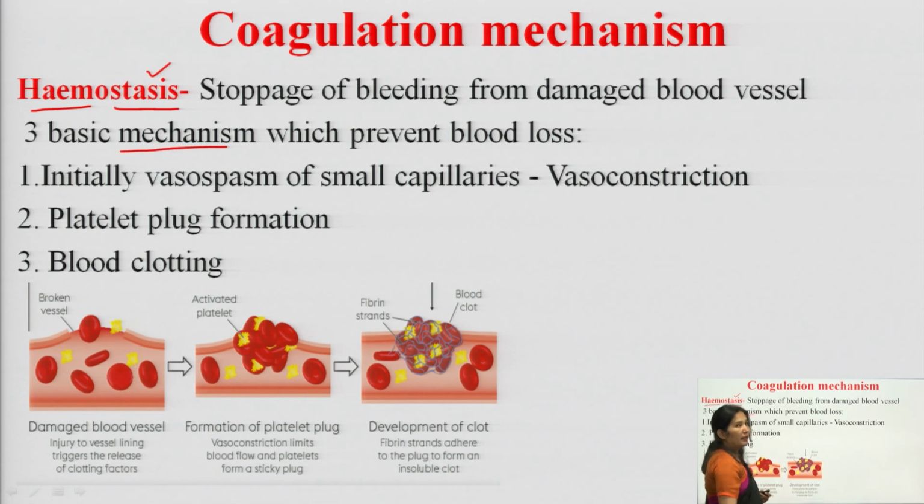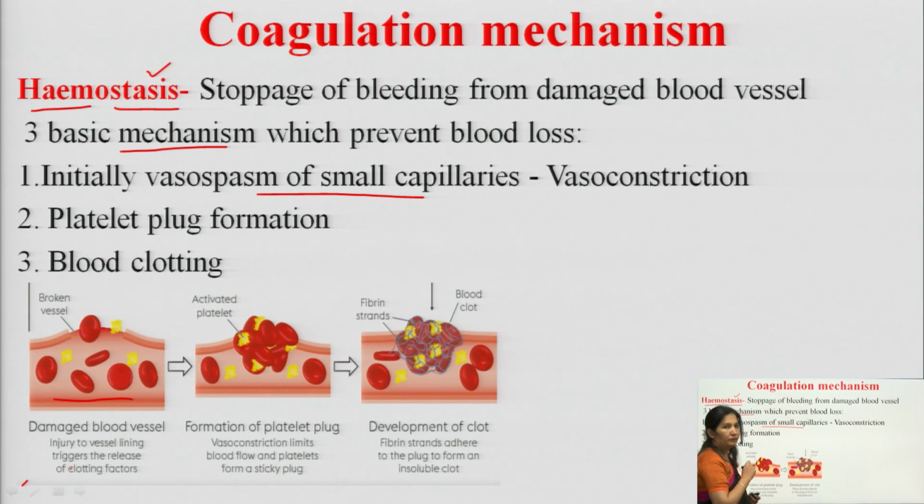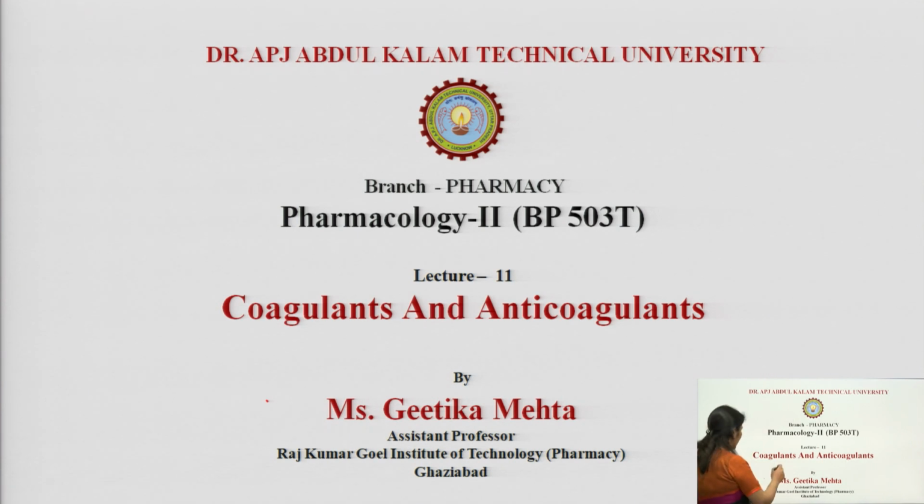They are the three basic mechanisms which prevent blood loss. First is vasoconstriction, that is vasospasm of small capillaries. Second is platelet plug formation. At the site of the damaged blood vessels, platelets get activated and they form a sticky plug to stop the bleeding.